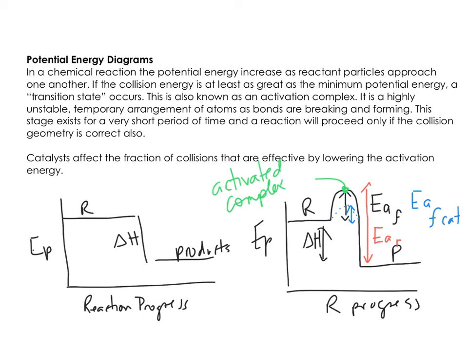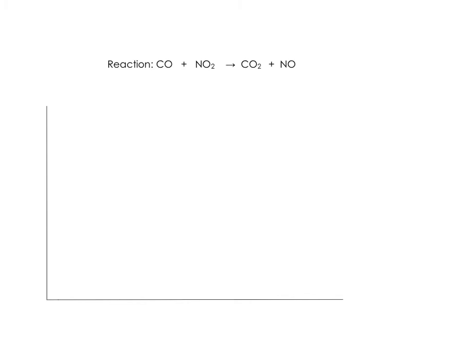And like it said, it's for a fraction of a second. If you go back to, okay, what does this look like? Carbon monoxide reacts with nitrogen dioxide to produce carbon dioxide and nitrogen monoxide.